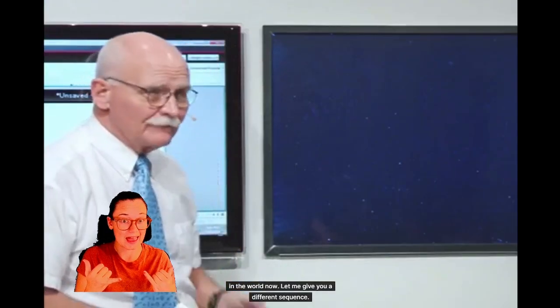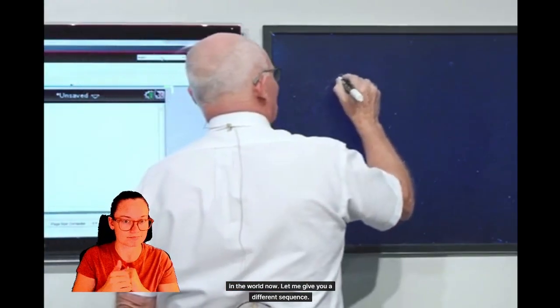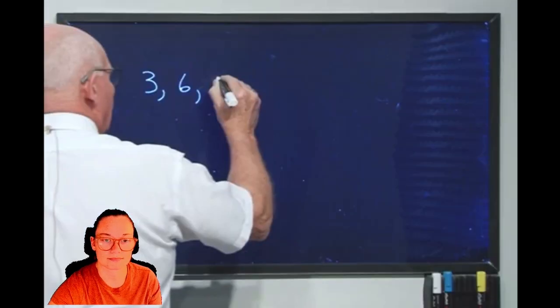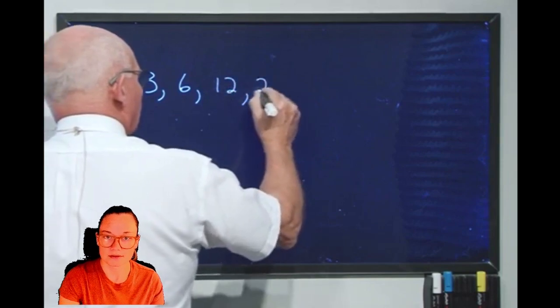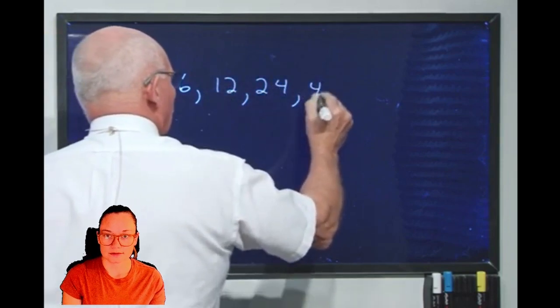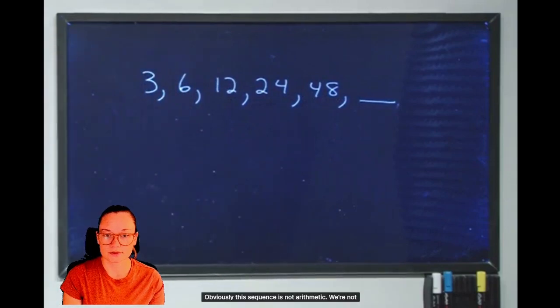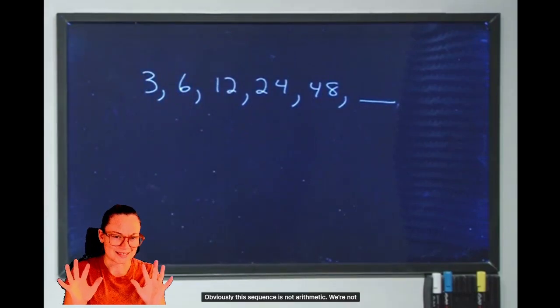Well, we have moved up in the world now. Let me give you a different sequence. Obviously, this sequence is not arithmetic. We're not adding the same amount each time.